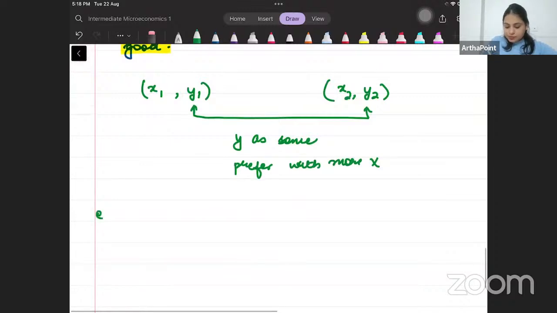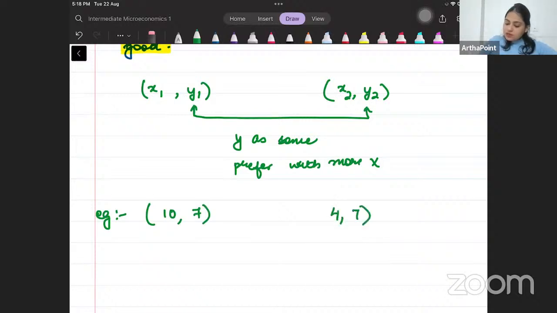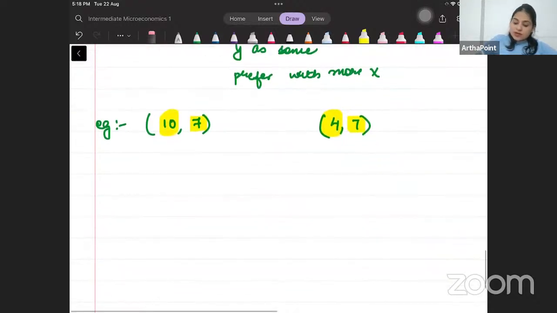Example, जैसे एक bundle हो गया 10,7 and other bundle is 4,7. So I have the same amount of y, then the one with more x should be preferred.